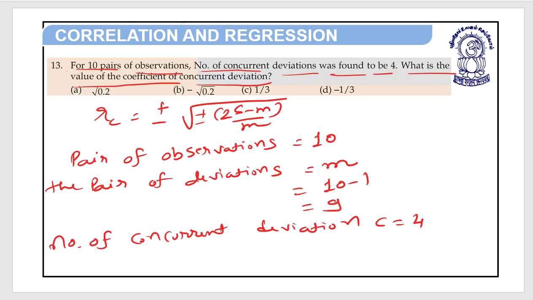So option D, minus 1 by 3, is the right answer.